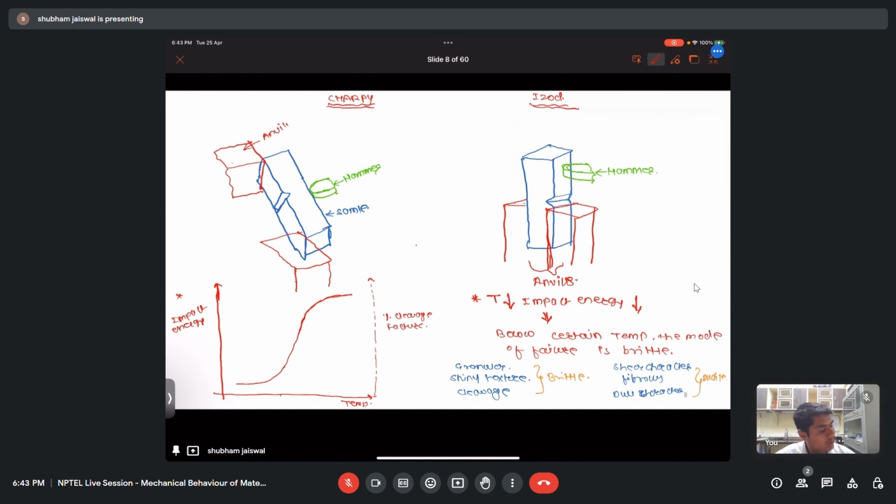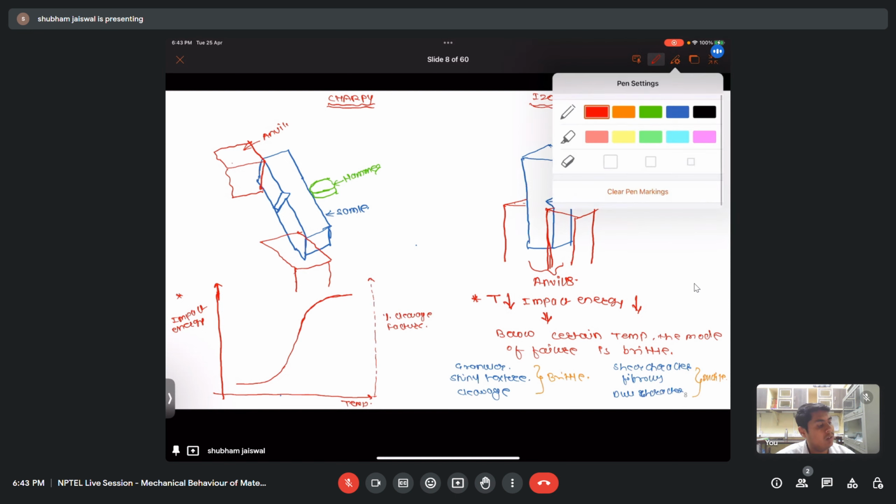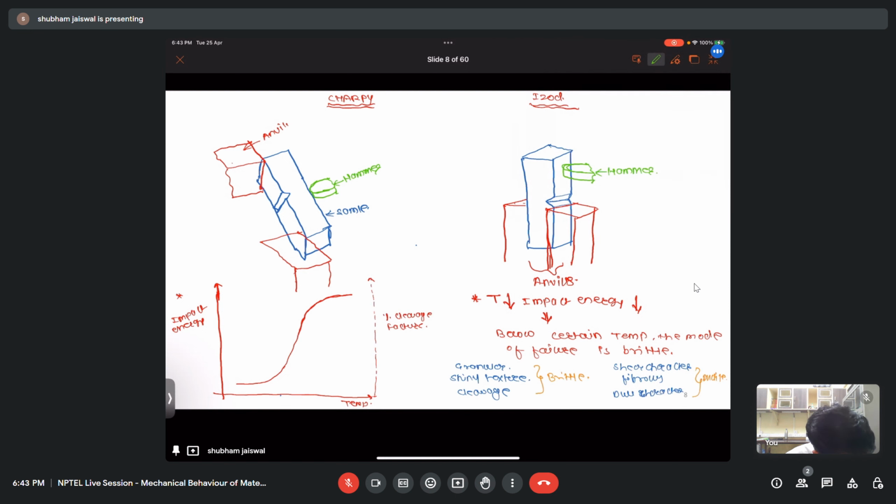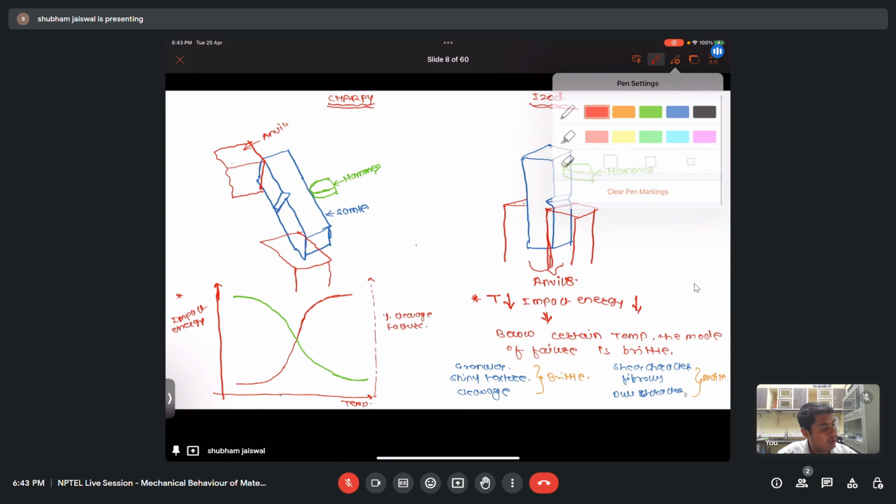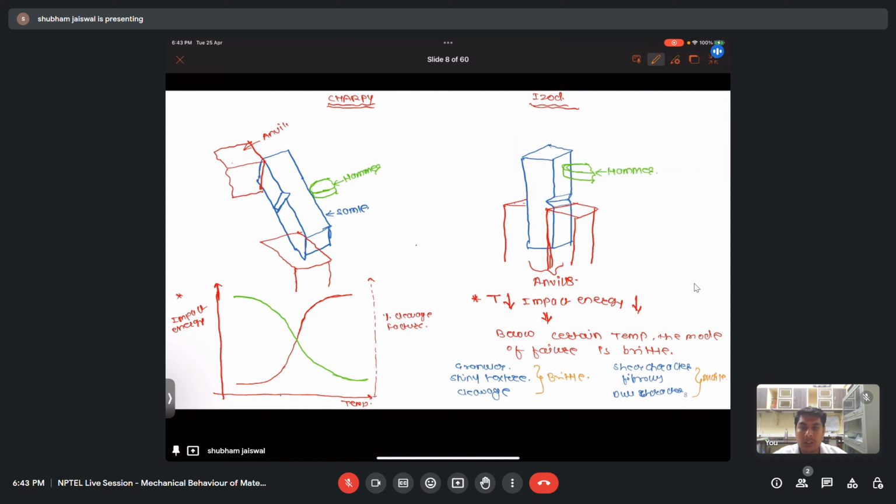So we'll get a curve something like this, like for cleavage fracture. Here you can see that we'll mark some different regions with respect to temperature.